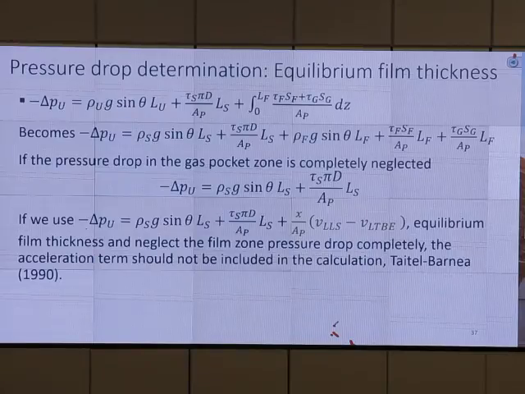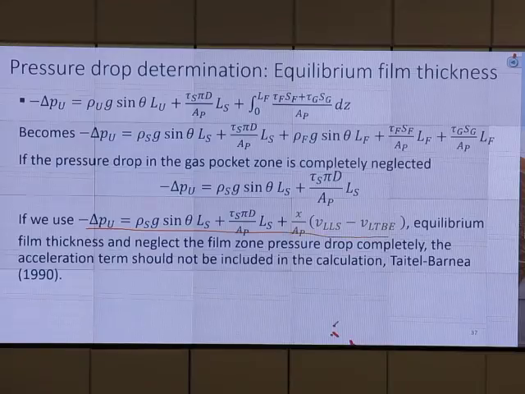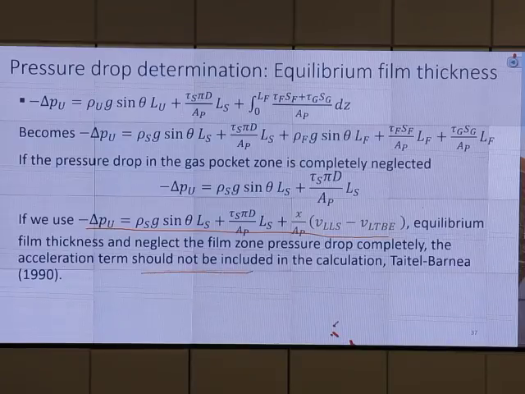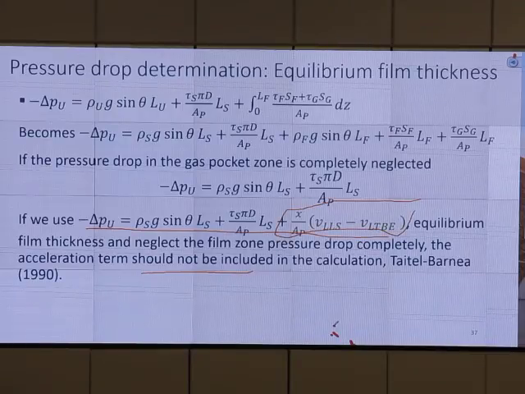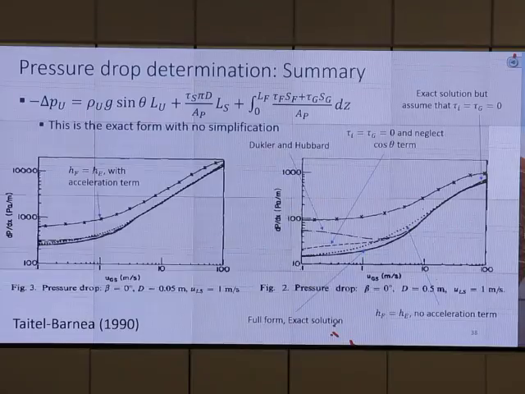If we use minus theta pu equal to rho g sin theta plus this, for the equilibrium film thickness, neglect the film zone pressure drop completely, the acceleration term should not be included. This term should not be included. Otherwise, it will be wrong. This is from Taitel-Barnea. If we include the acceleration term, you get that line way off.